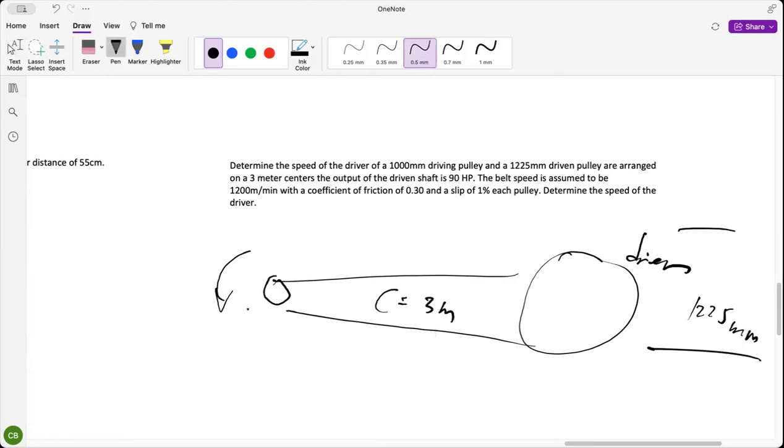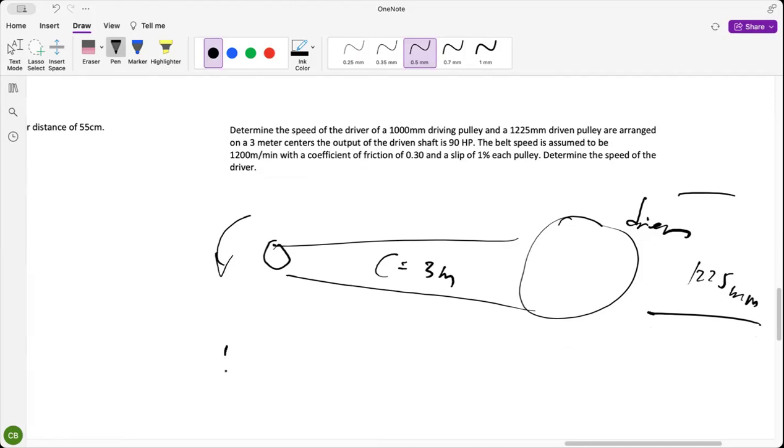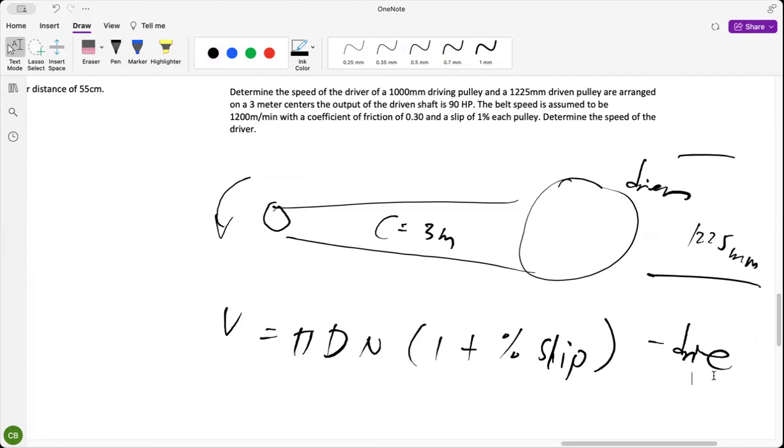Oh, sorry, it's okay already. So we can use V equals pi D N quantity 1 plus the percentage of slip if there is. If not, this would be 0. So you have 1,200 meter per minute.